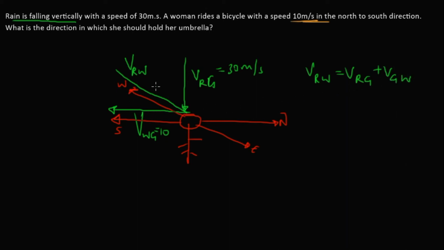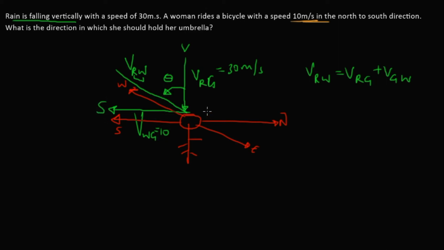Since it's a right angle triangle, this is the resultant, the rain to the woman, found at angle theta. This is the vertical axis. So that means it is at theta away from the vertical towards the south.